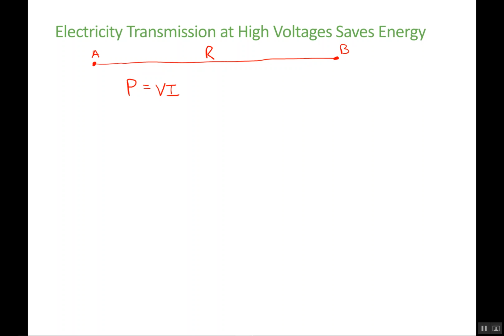The thicker the wire, the less the resistance. The longer the wire, the greater the resistance, and also the material it's made out of, the resistivity. Okay, we know that.